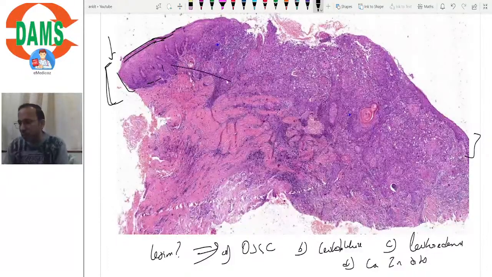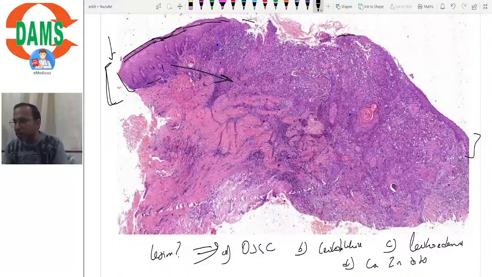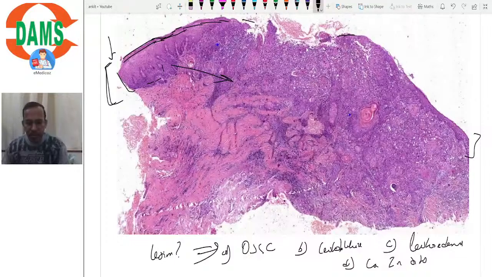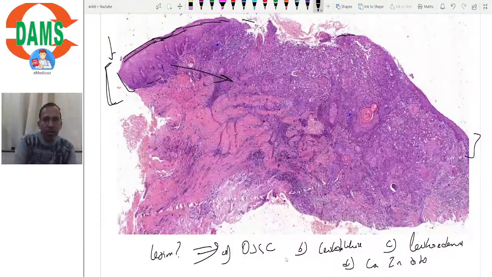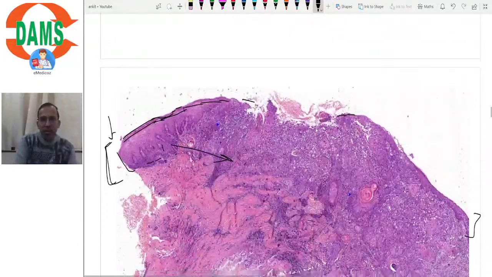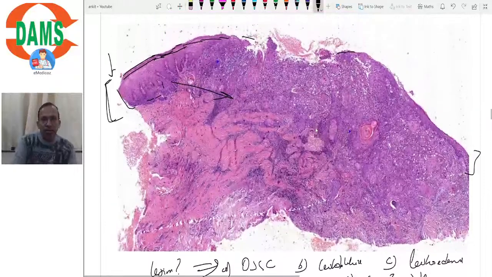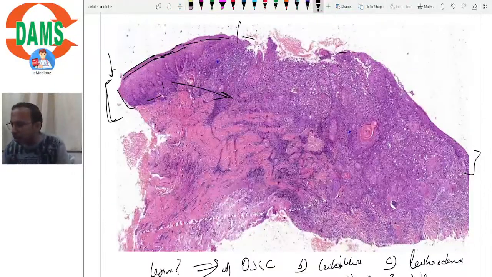But as I move towards the right side, first of all, there is a loss of the superficial epithelium, isn't it? The superficial epithelium, which was continuous till here, now suddenly appears to be missing in this region.